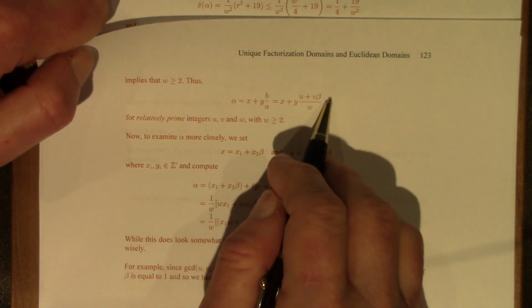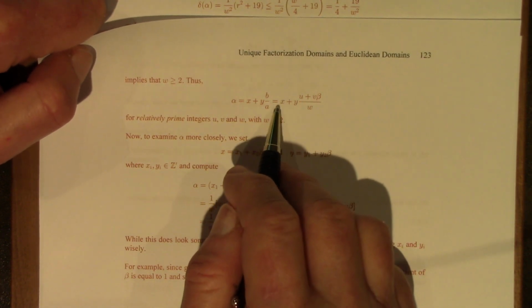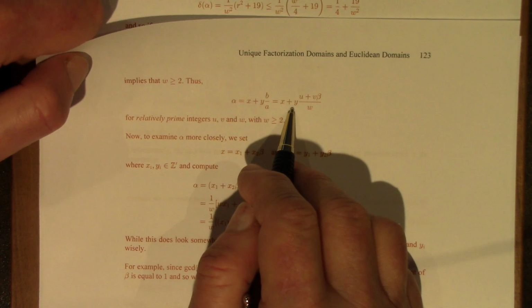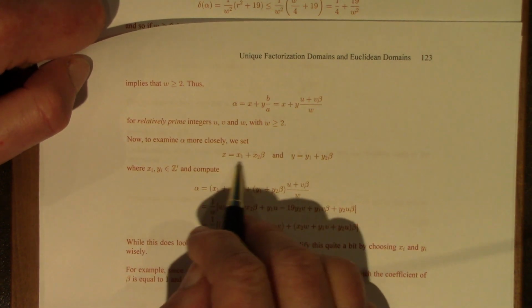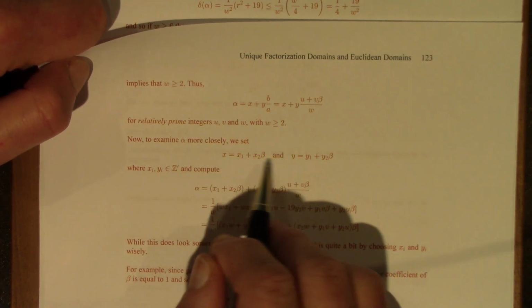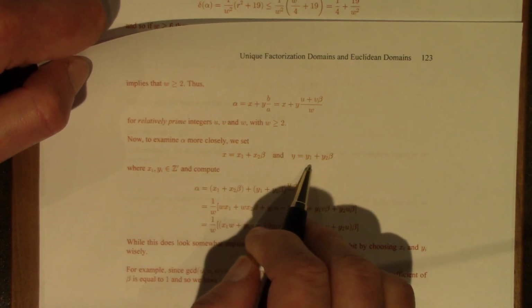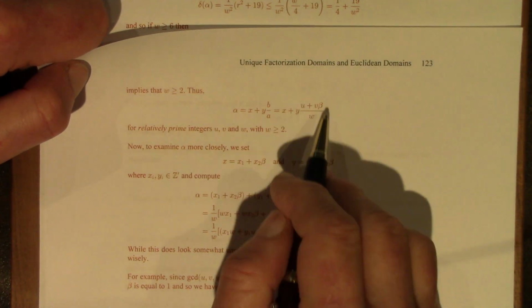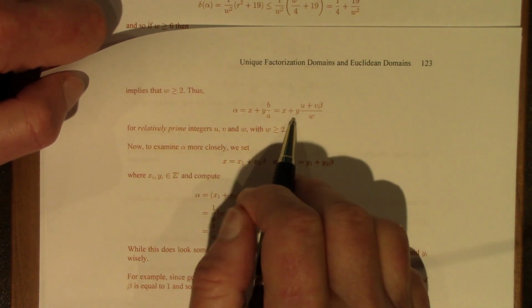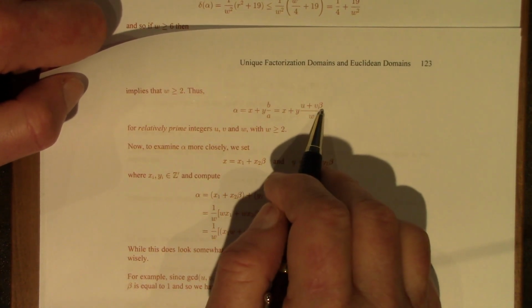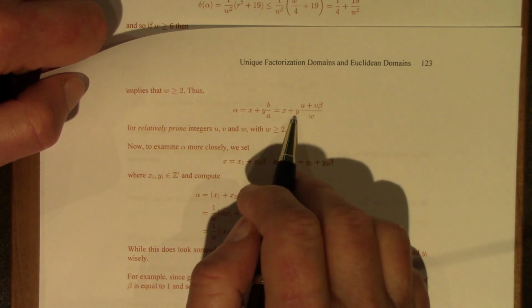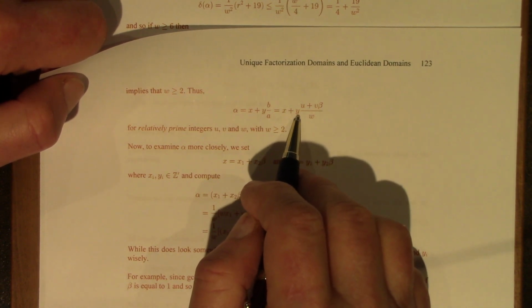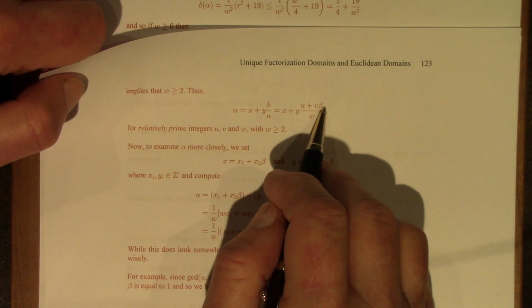And that's where you have to stare at this and say, I get to choose X and I get to choose Y, instead of just writing them generically as arbitrary elements of R19, what else can I do? And that might be where you hit upon the idea of eliminating beta by setting Y basically to U minus V beta.